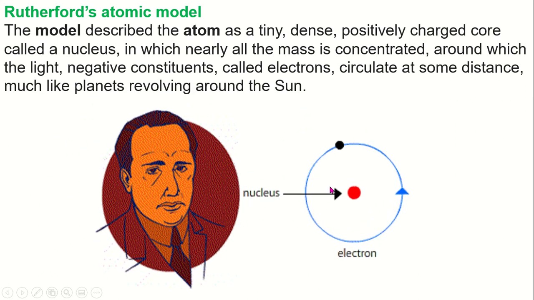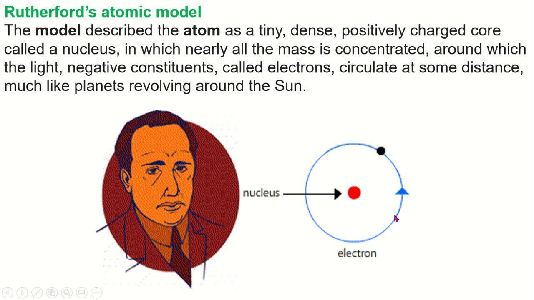Therefore, the number of negatively charged electrons around the nucleus is equal to the number of positively charged particles in the nucleus. That's why an atom is electrically neutral. So look, this is the great scientist Rutherford, and he gave this atomic model which is compared to the solar model, because in the solar system the sun is at the center and the other planets are revolving around the sun.